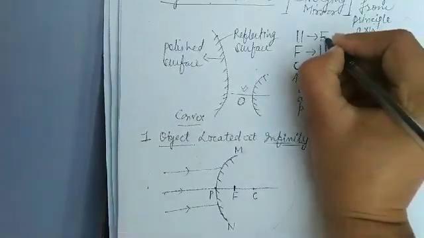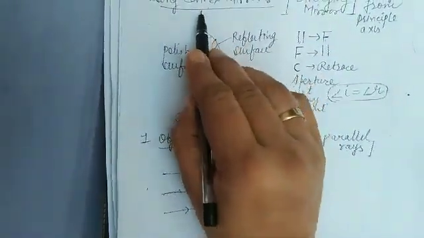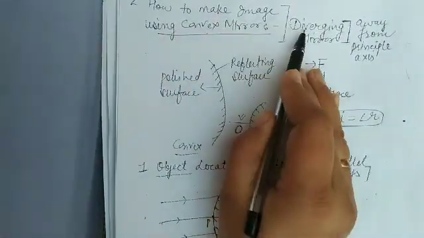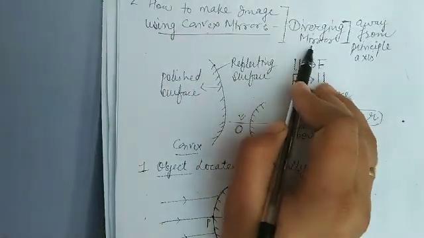But our mirror is a convex mirror. Convex mirror means what? It is a diverging mirror, diverging in nature.